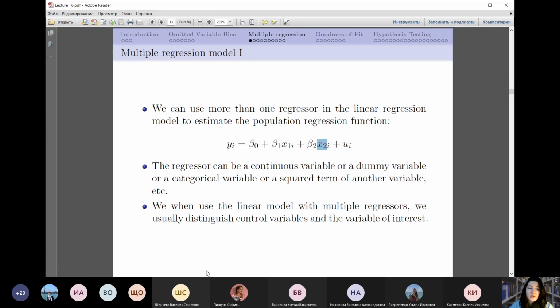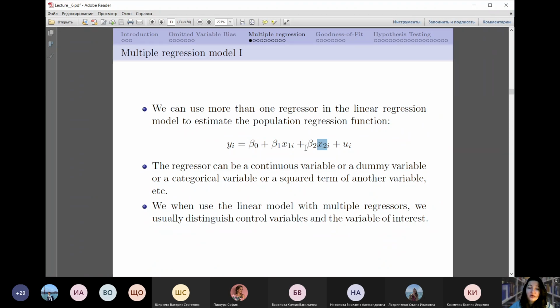And also when we use the multiple regression model, we can distinguish the variable of our main interest. Let's say that this is x1, yeah? We want to find the effect of x1 on our dependent variable, and we use the x2 variable just as a control variable in this model. For example, we want to find the effect of the level of education on the level of wage, and this is our main interest, yeah?